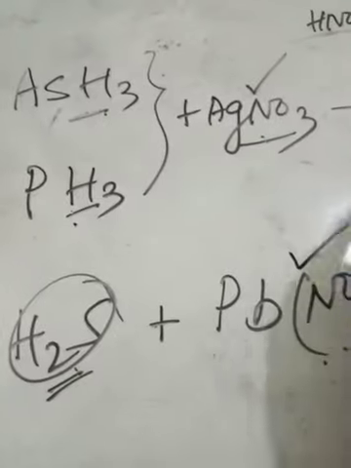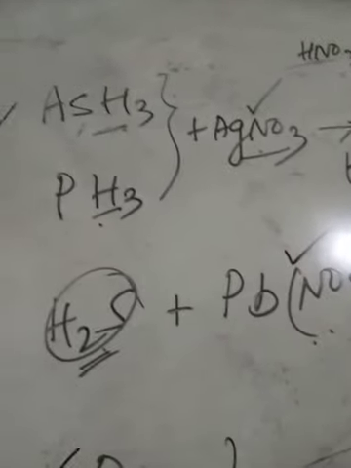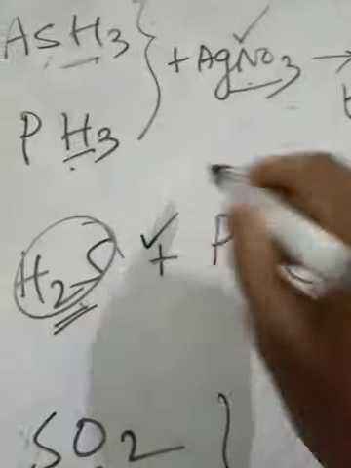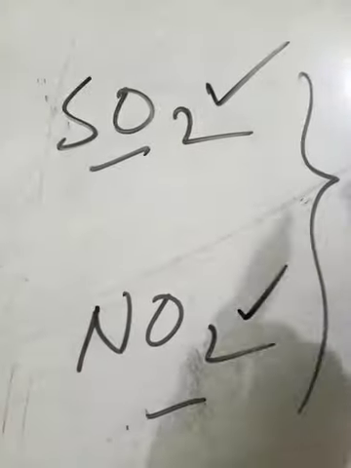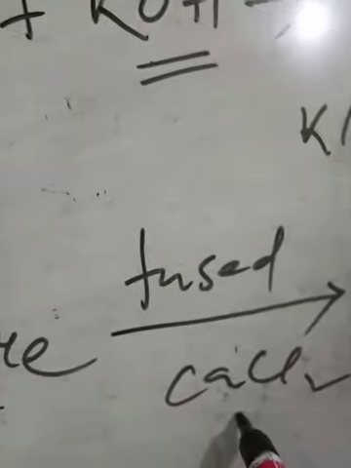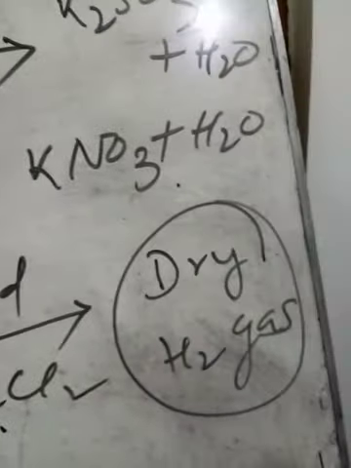Then it is passed through lead nitrate solution, which removes H2S gas. Then it is passed through potassium hydroxide solution, which removes sulfur dioxide and nitrogen dioxide. And last, it is passed through fused calcium chloride, which absorbs moisture, and you will get dry and pure hydrogen gas.